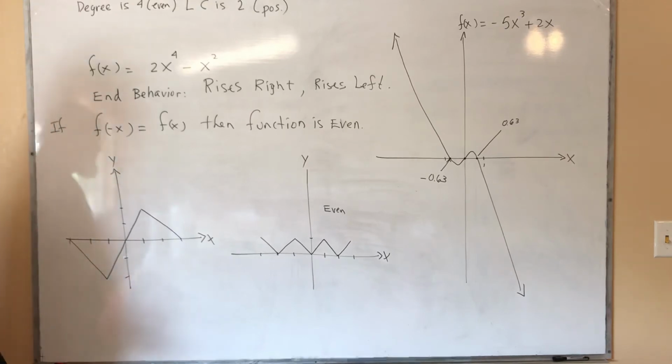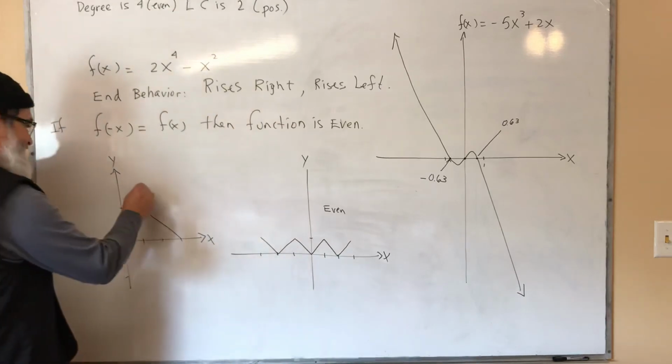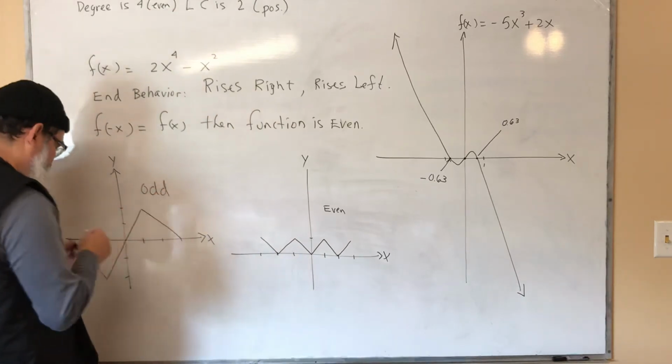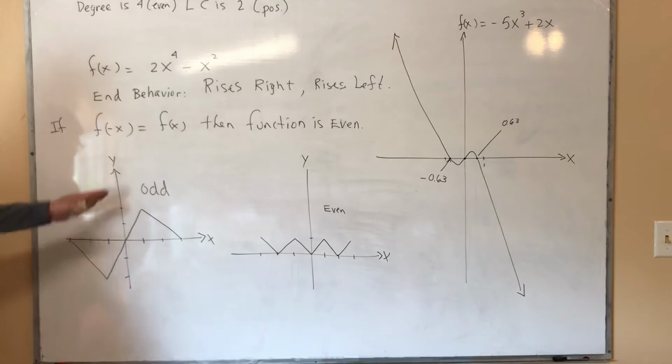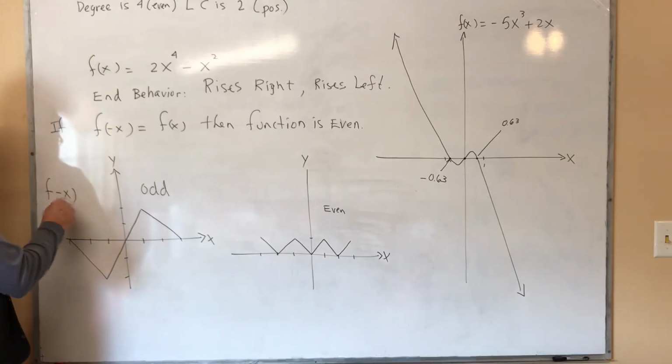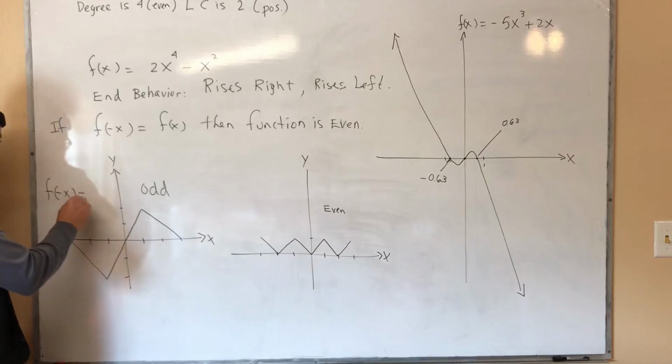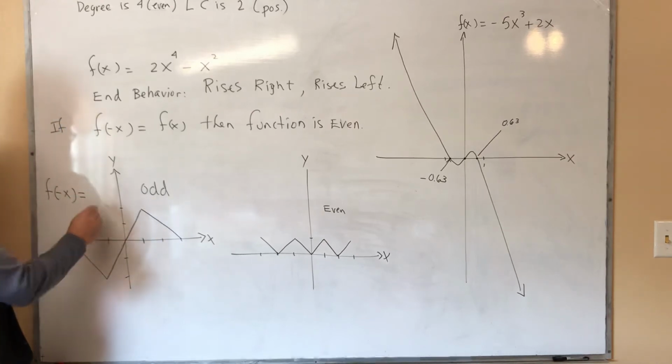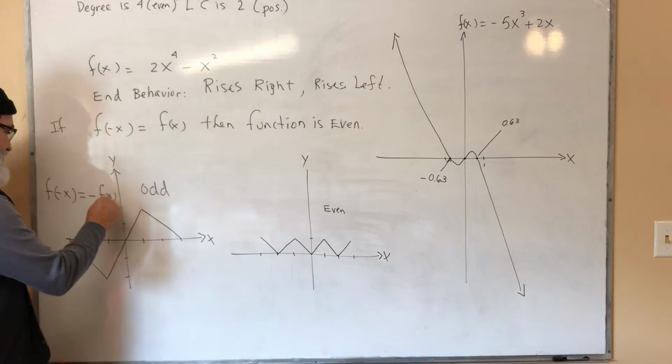There it is. This is odd. How do you check for odd? F of negative x, you plug in negative x into the function, and you better get the opposite, negative f of x.